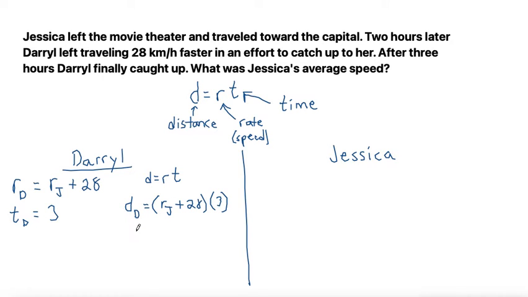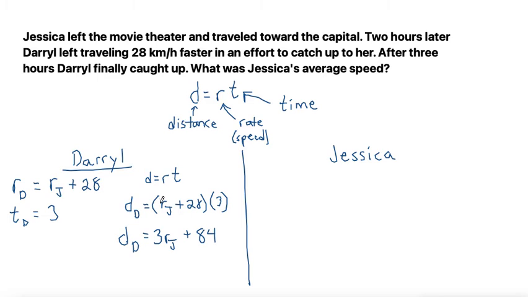Okay, so if we simplify this a bit, we get that Darryl's distance is equal to, distributing the 3, 3 times Jessica's rate plus 3 times 28, which is 84.